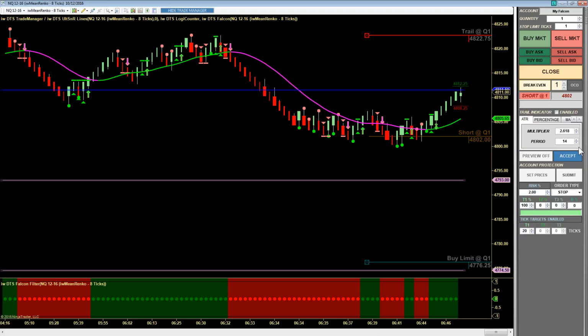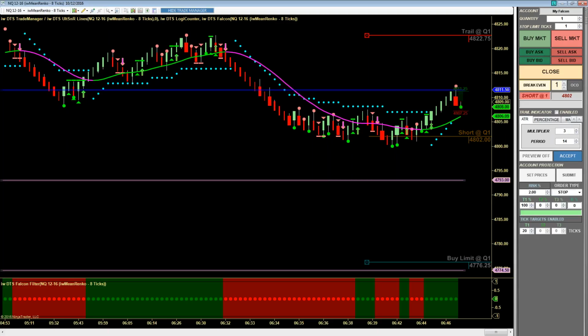Up here, you have what we call the profit manager portion, and there's 16 different stop strategies to choose from here. They're all customizable. And what those look like is these blue dots. So I'm just waiting for the market to give us a little traction.